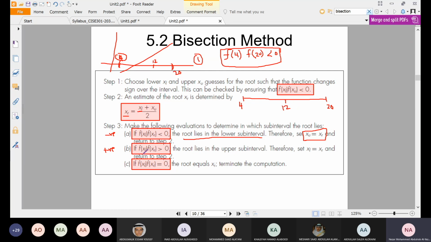If I find that f of the lower limit multiplied by f at the midpoint is greater than 0, the root is not located here, so I will use the other interval only. In this case, I set the lower limit x of l equal to x of r.